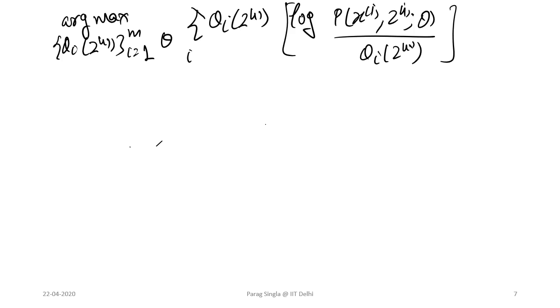I think I might have forgotten the sum here. So it is important that there is a sum here, i equal to 1 to m, over all the examples. So we do block coordinate descent on this expression.